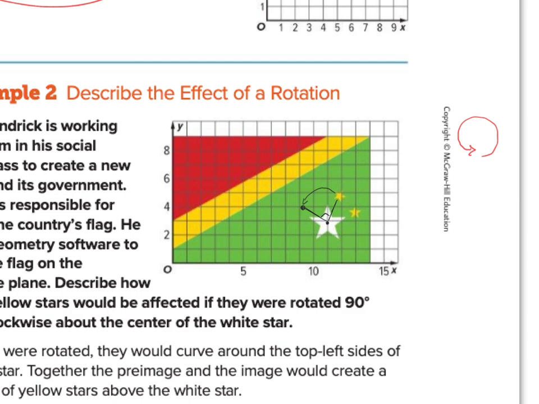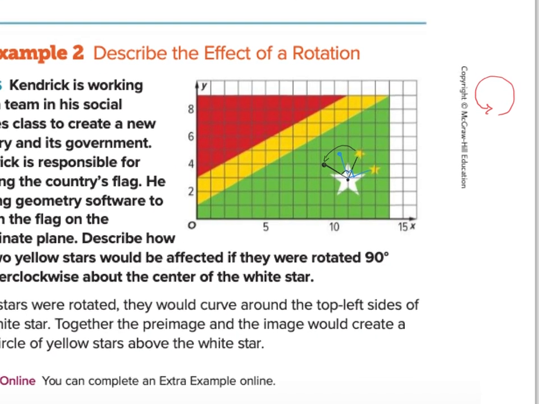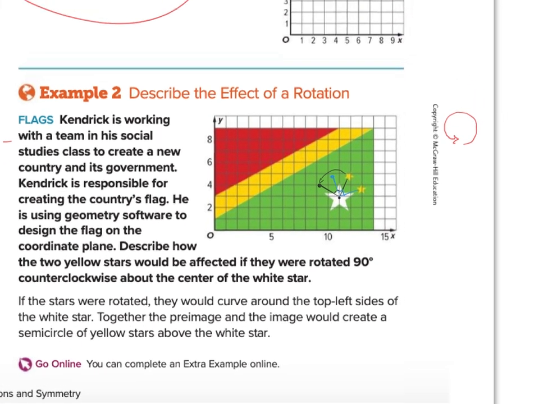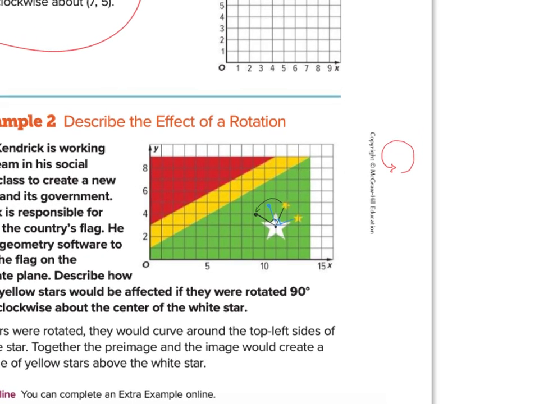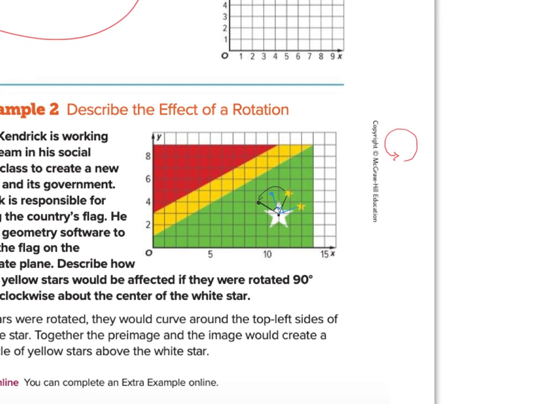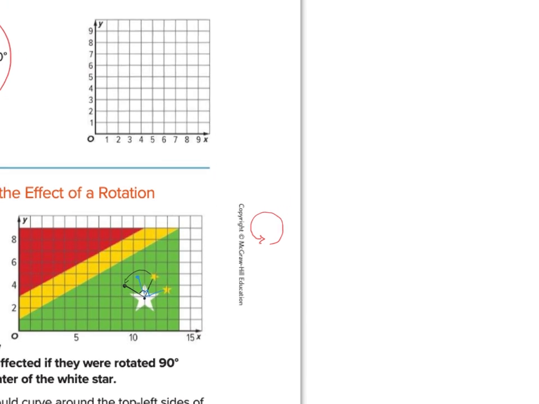And the same thing with this other star. If we traveled 90 degrees with it, it should have ended up right there, because that also would be 90 degrees. So just thinking about where it would have moved to. Estimating, of course. So just thinking about as we move that 90 degrees counterclockwise.